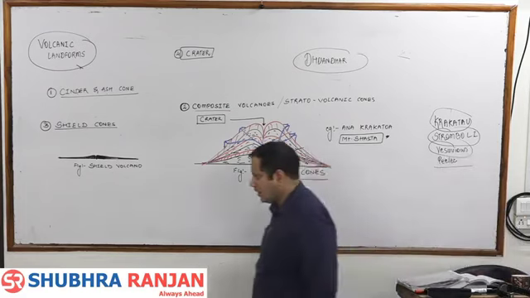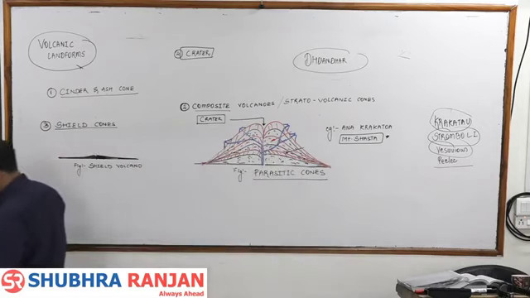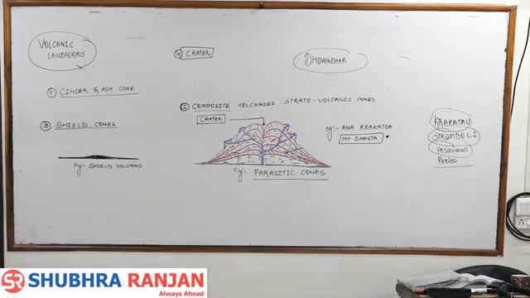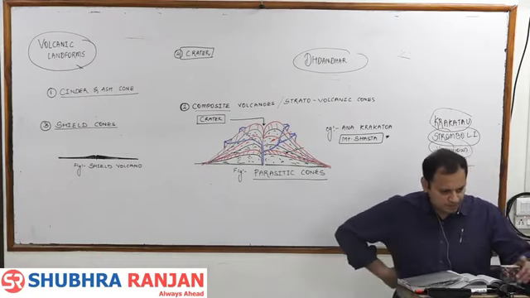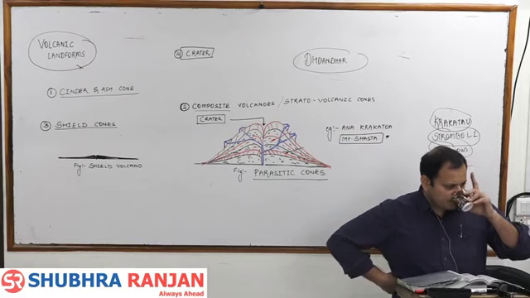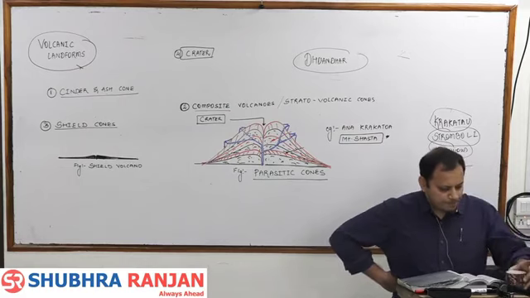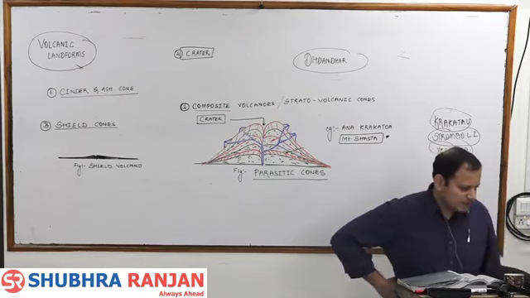Sometimes in the composite volcano, the central opening collapses and a very large crater is formed.